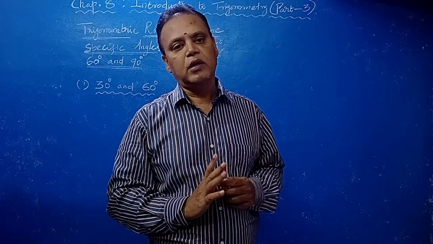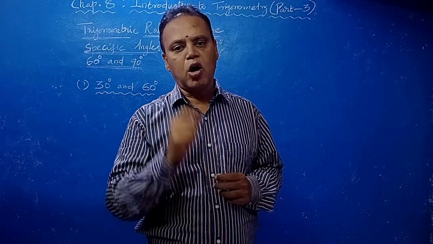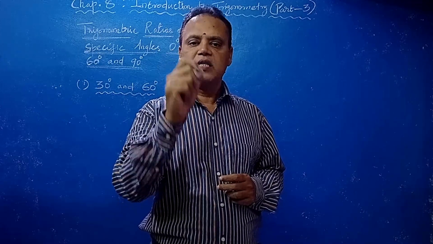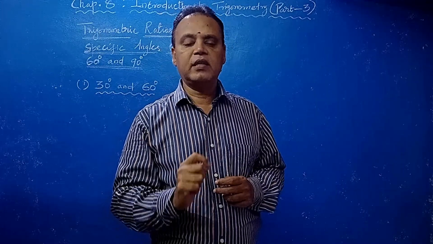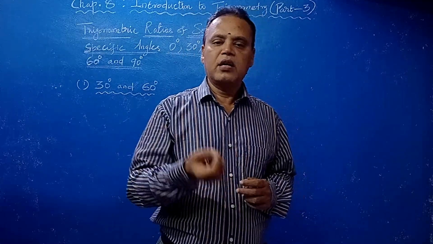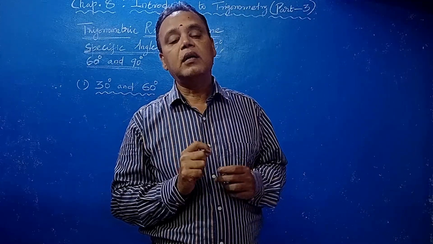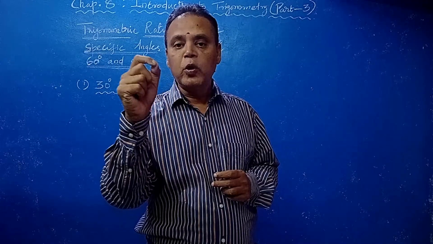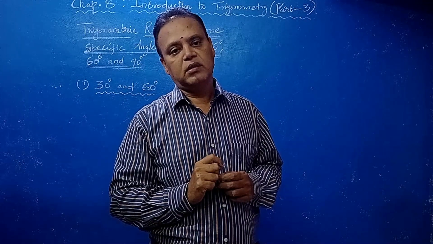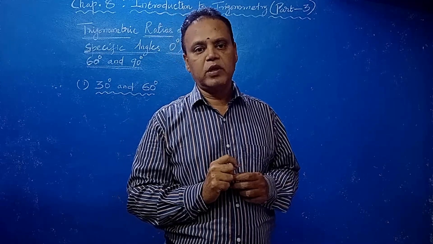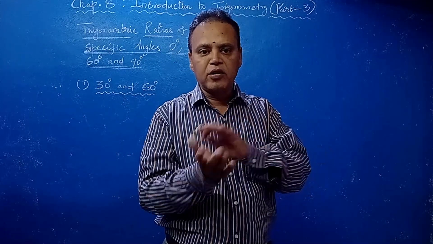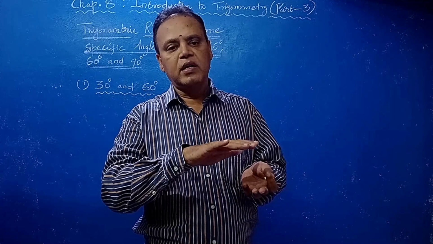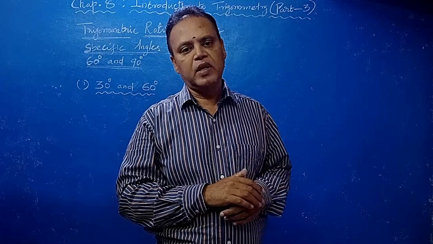Always remember sin theta is opposite side by hypotenuse, cos theta is adjacent side by hypotenuse, and tan theta is opposite side by adjacent side. So tan theta equals sin theta by cos theta. While dividing sin theta by cos theta, you will get opposite side by adjacent side.